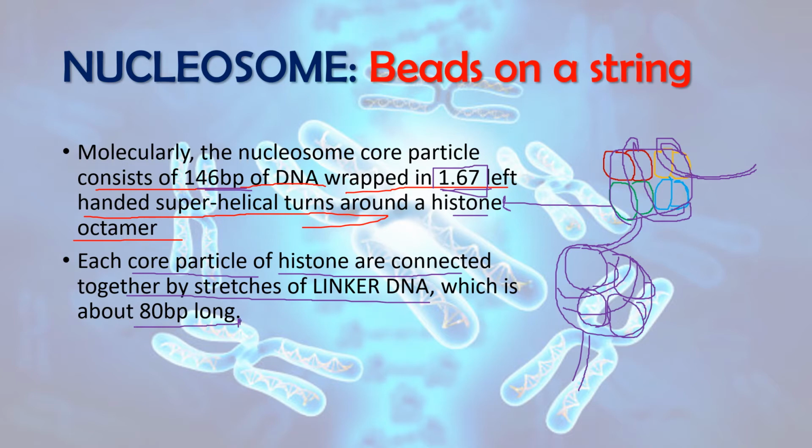The first nucleosome is connected to the second nucleosome. This is our first nucleosome and this is our second nucleosome. So they both are connected together with some stretch of DNA, which is about 80 base pair long.